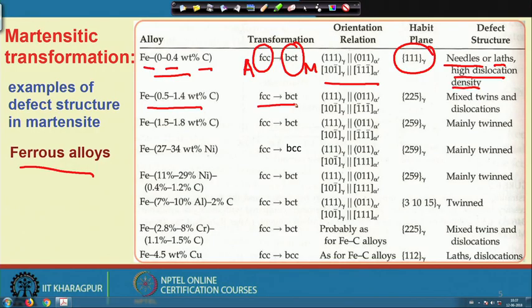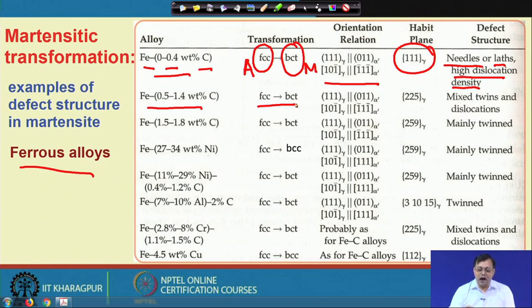Whereas, if you increase the carbon content, the crystal structure does not change in either the austenite or the martensite. However, you see the habit plane has changed. So, the habit plane is not at all the same for all ferrous alloys, and here some twins will form along with the dislocations. Now, this is a similar situation for high carbon steel.